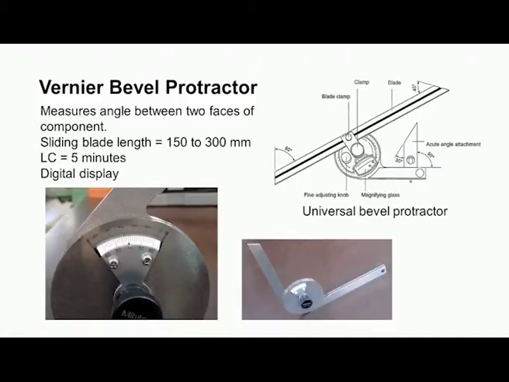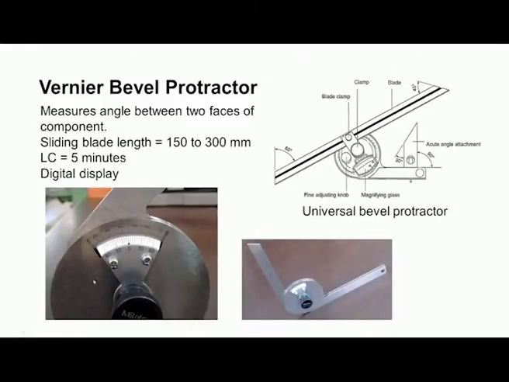This is the 0 reference. Towards one side it shows 60 minutes, and the other side it shows 60 minutes. Now, the least count for this particular vernier is 5 minutes. That means 5 minutes, 10 minutes, 15 minutes, 20, 25, 30 minutes. Like this, each degree is divided into 12 parts, each part representing 5 minutes.